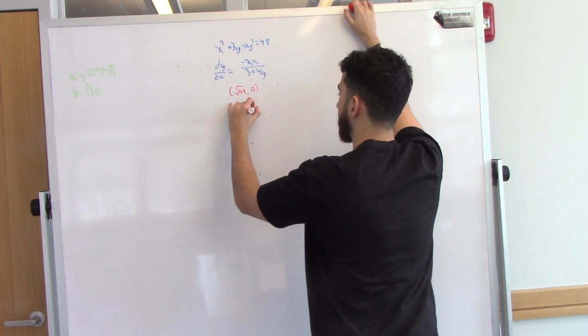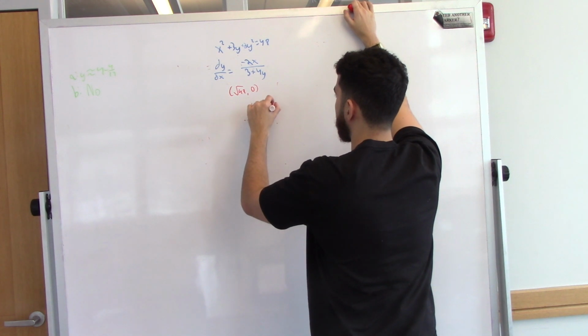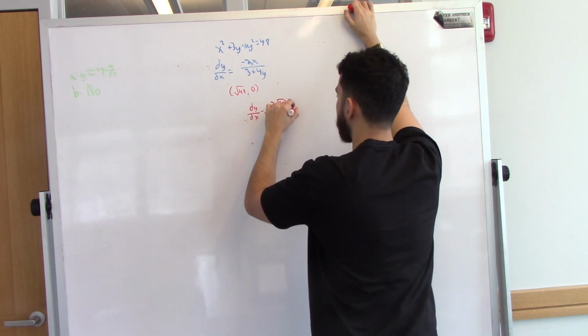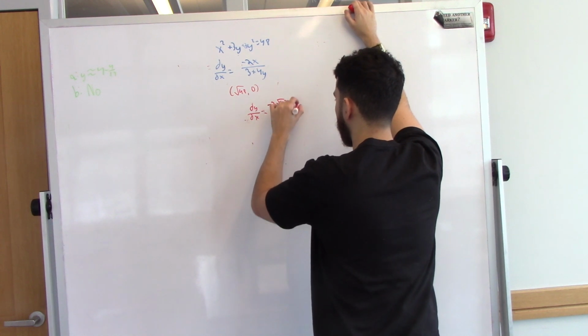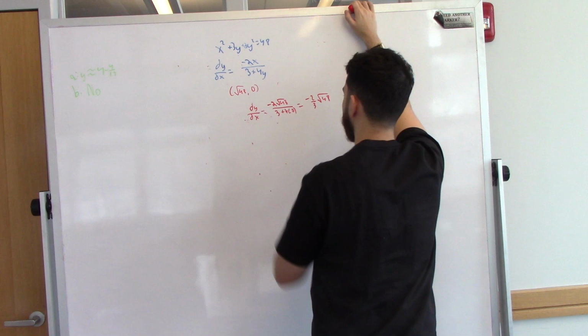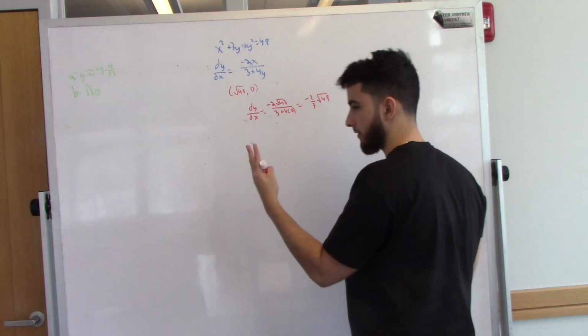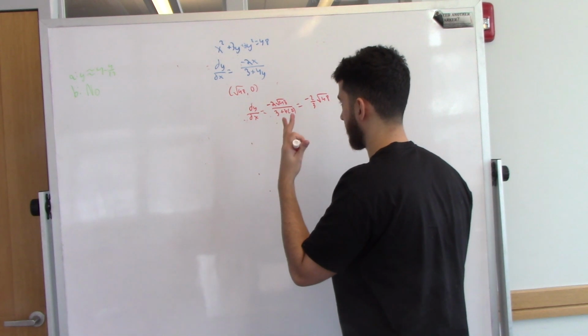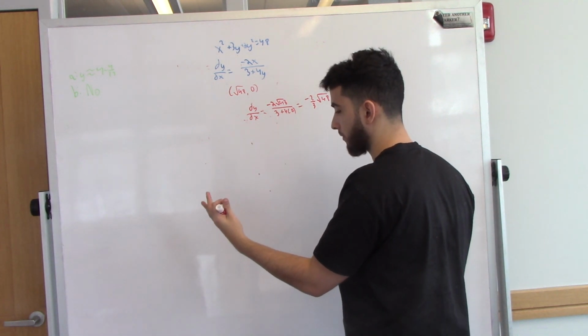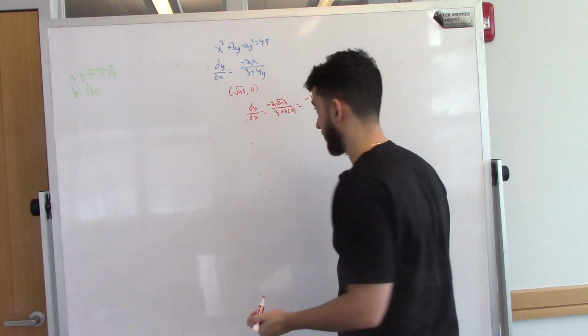Right, we're going to get dy dx equals negative 2 root 48 over 3 plus 4 times 0, which is negative 2/3 of root 48. So the bottom's not 0, the derivative exists, which means that the x-intercept of root 48 comma 0, the tangent line is not vertical.